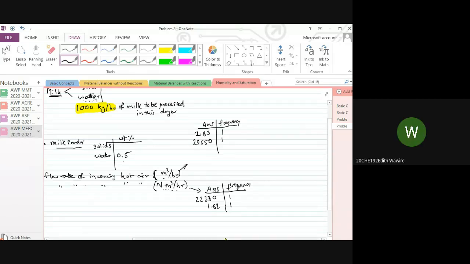I got 30,330. Which one? First one or second one? First one. 30,330.214. I forget that point too. Perhaps I can round up both these things.